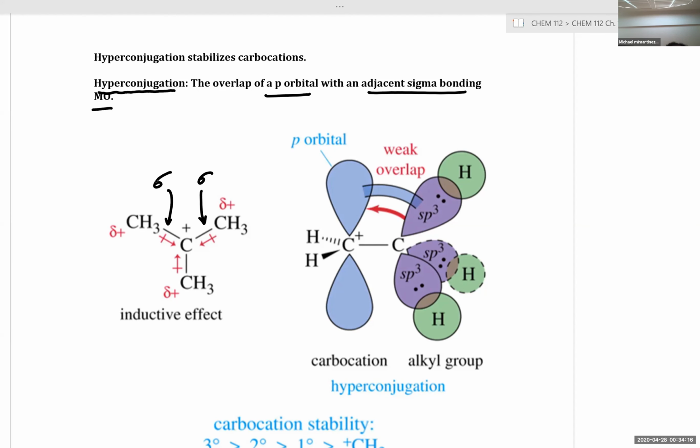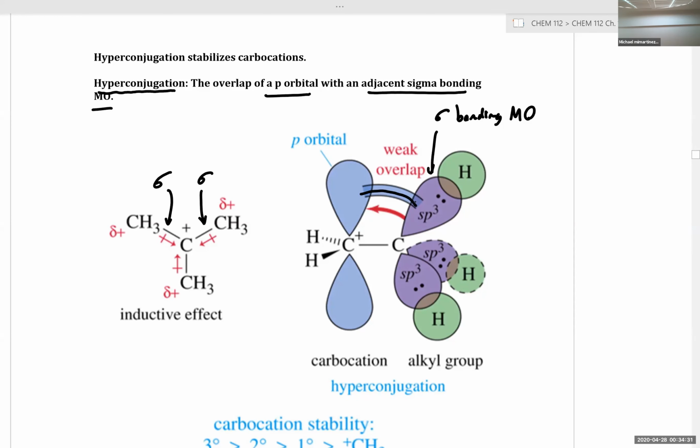And each time our sigma bonding MO is adjacent and aligned with our p orbital, we can end up with a weak overlap.